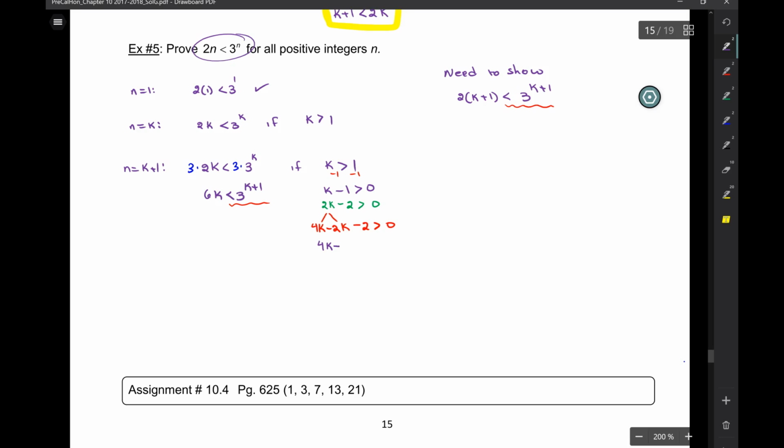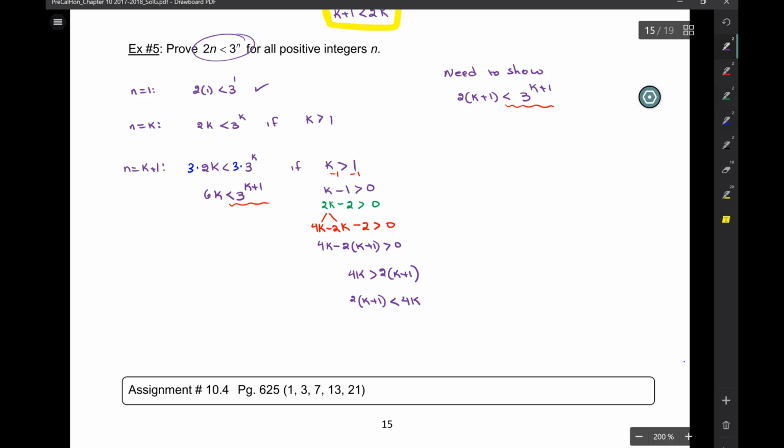So 4k minus 2k plus 1 greater than 0. So 4k greater than 2k plus 1. Reverse it, and we get that.